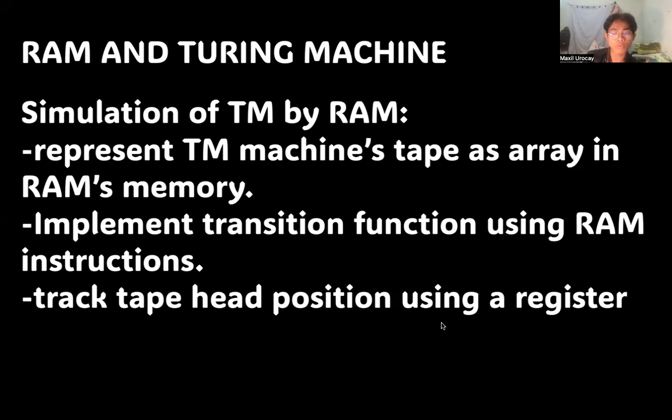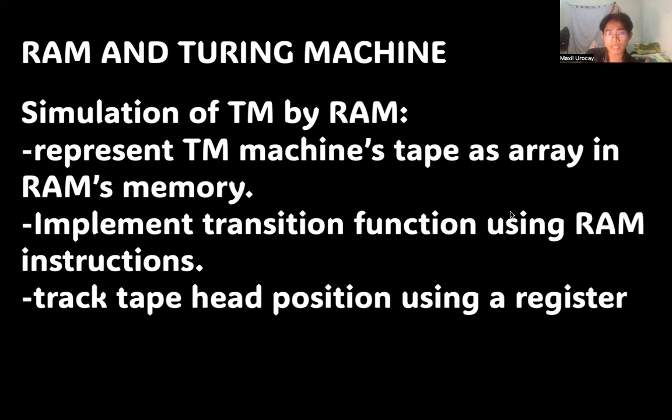As we mentioned earlier, there are differences between the two. However, by simulating the Turing machine by RAM, we represent the Turing machine's tape as an array in our RAM's memory.